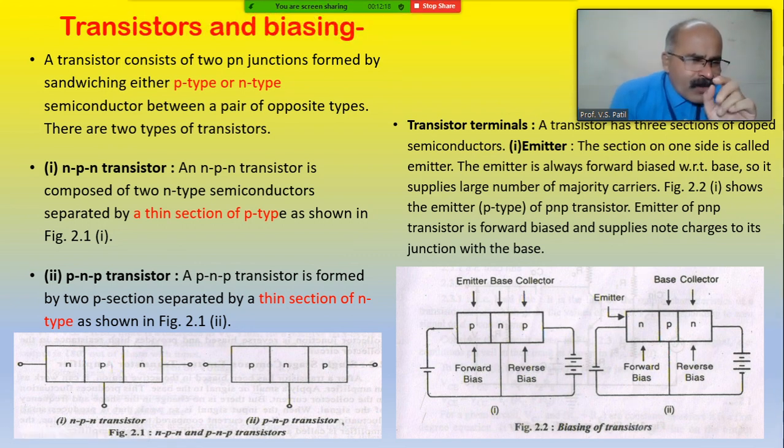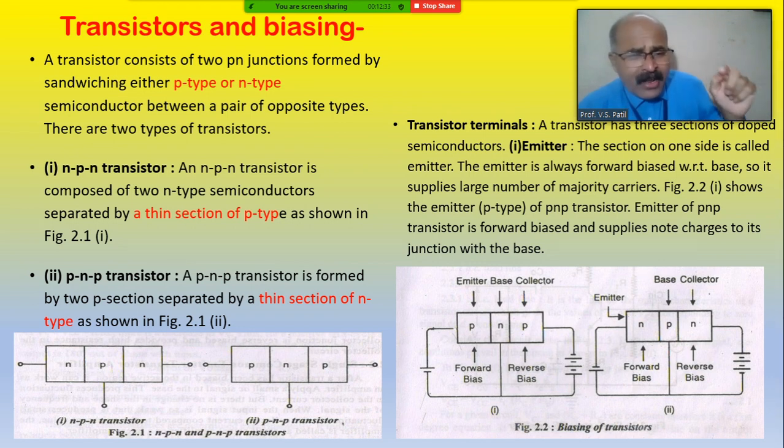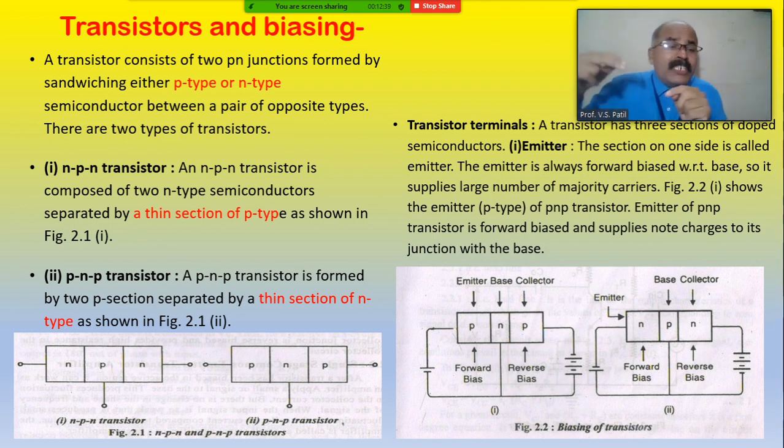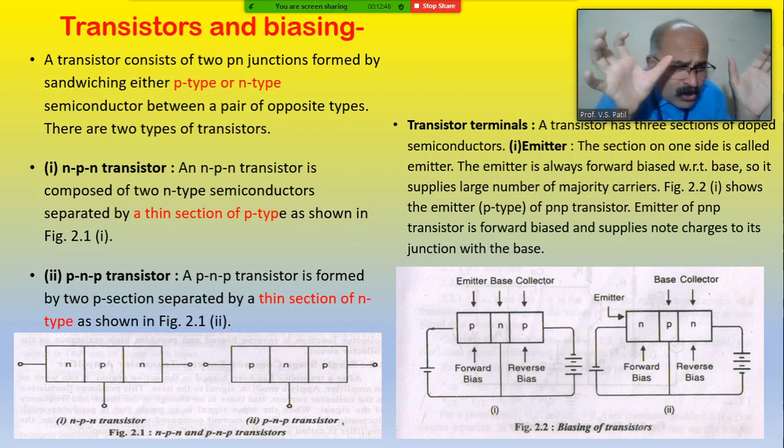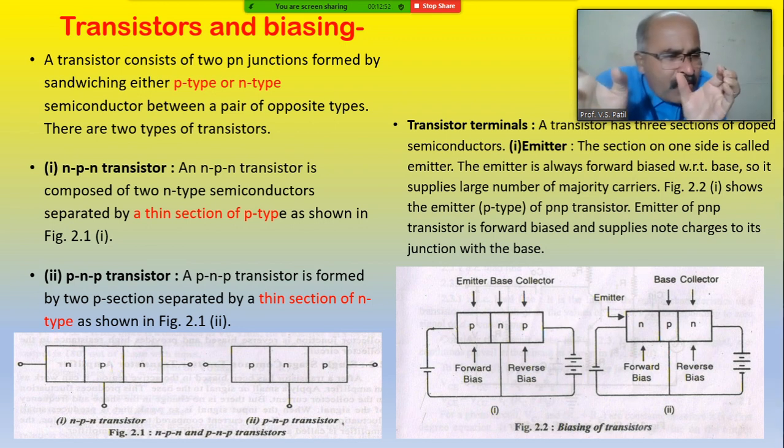Transistor means a two junction device, junction J1, junction J2. But how is it formed? By sandwiching one of the p or n type semiconductors, either p or n, between the opposite type of semiconductor material. If p is taken, p is sandwiched between a pair of n type semiconductor material, it will be placed in between the two n type semiconductor materials.